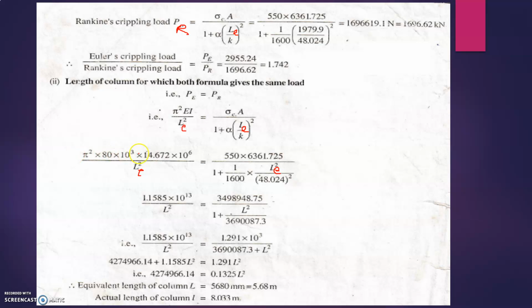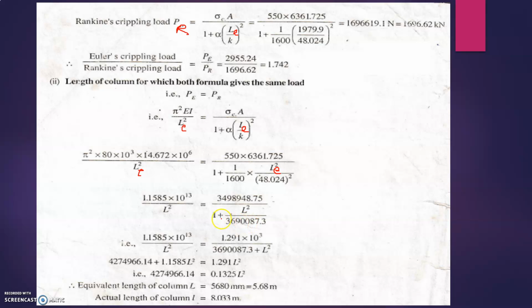So simplify this, multiply and write here. I think all of you know the mathematics very well, so you can simplify. Multiply this divided by LE square, and here also multiply 1 LE square divided by 1600 into 48.024 whole square. So you get like this.